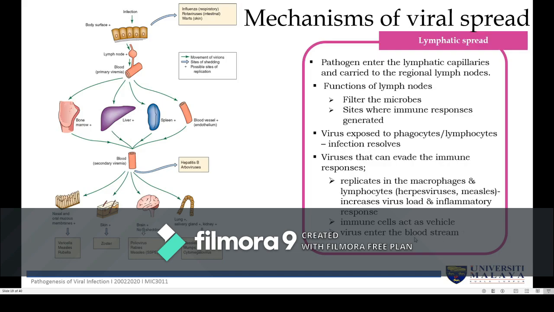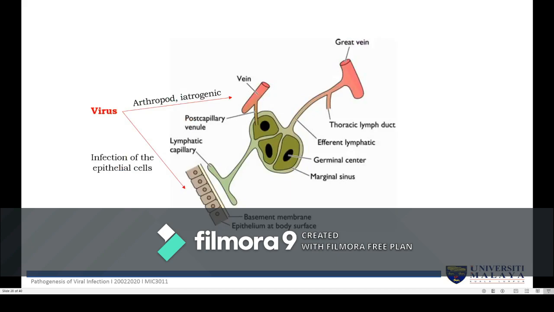So for example here, the virus, some of it has a breach of the skin or mucosa, and then it can infect the cells, go to the nearby lymphatic capillary, and from the lymphatic capillary it goes to the blood vessels. But if the virus is transmitted through arthropods or iatrogenically, for example with needles, and it is contaminated, it can transfer straight to the vein.